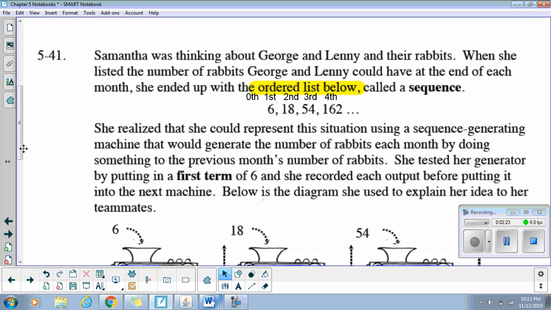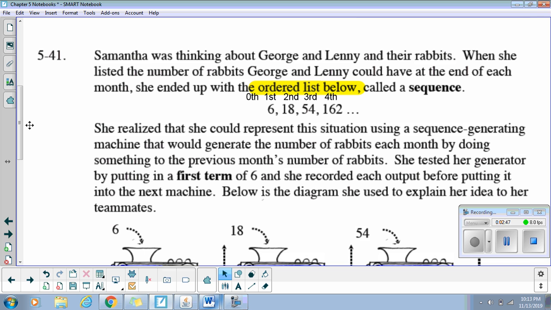It says she realized that she could represent this situation using a sequence generating machine that would generate the number of rabbits each month by doing something to the previous month's number of rabbits. She tested her generator by putting in a first term of 6, and then she recorded the output before taking that output and putting it into the machine again.